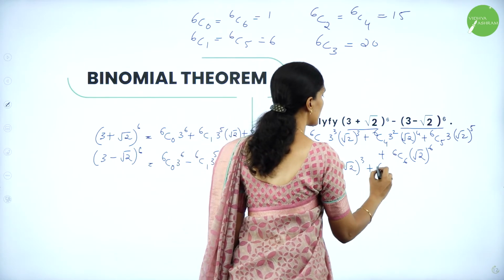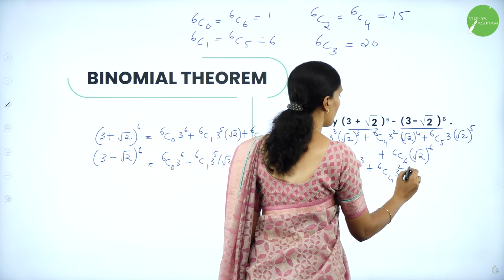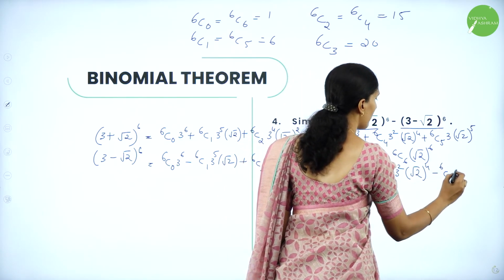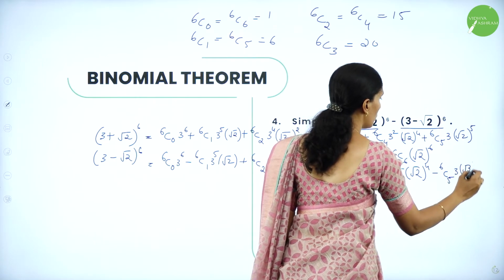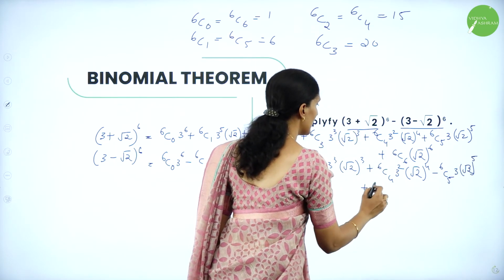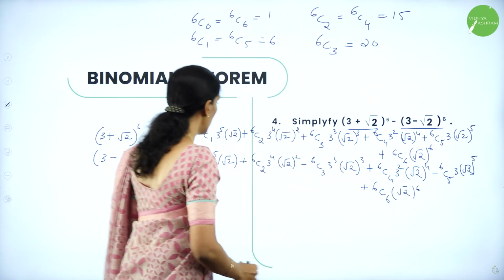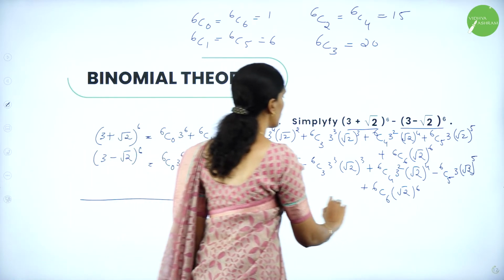Next 6C4, 3 square root 2 whole power 4 minus 6C5, 3 root 2 whole power 5 plus 6C6 root 2 whole power 6. So what I should do here, I should subtract.